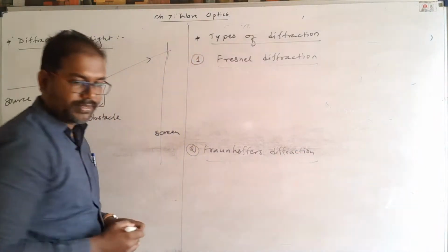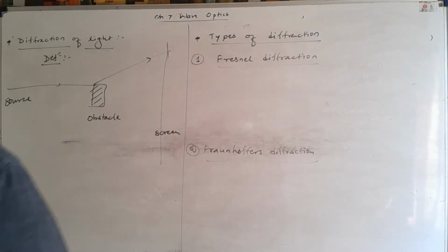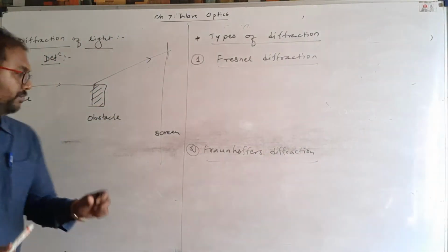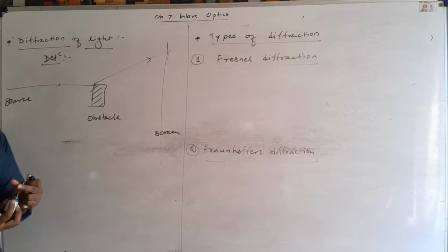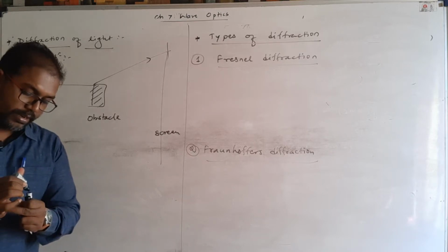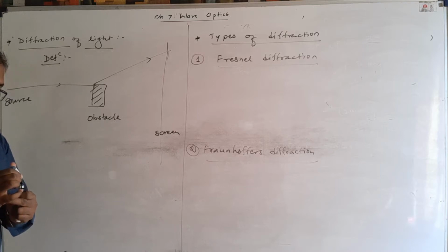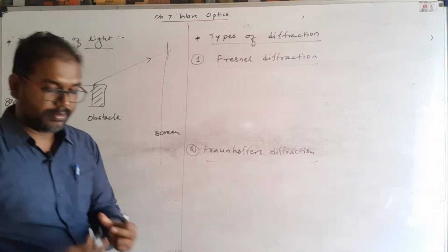Now let me learn what is Fresnel and what is Fraunhofer diffraction. Just as I told you, in diffraction three things we have to consider. The first one is source, second one is obstacle, and third one is screen. So these three are very important here in diffraction. Now Fresnel diffraction is a diffraction pattern in which the distance between source and screen is finite.